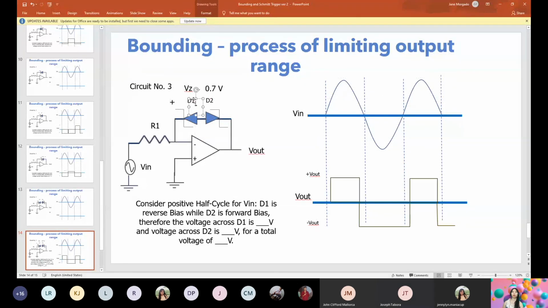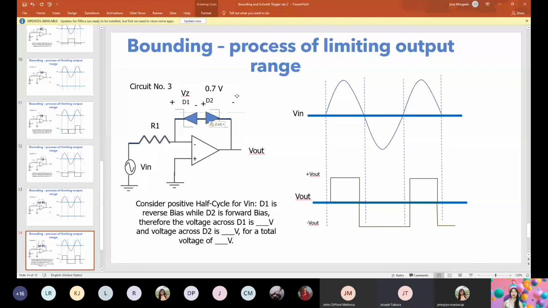So this would be for D1. How about for D2? Where is the positive for D2? Anode. And of course, negative would be at the cathode.